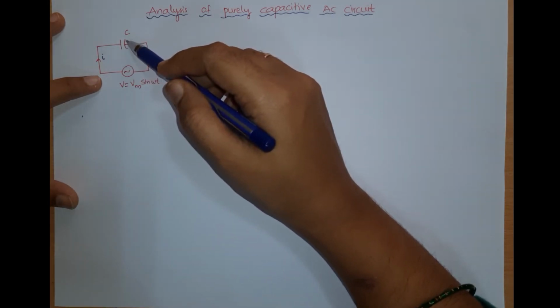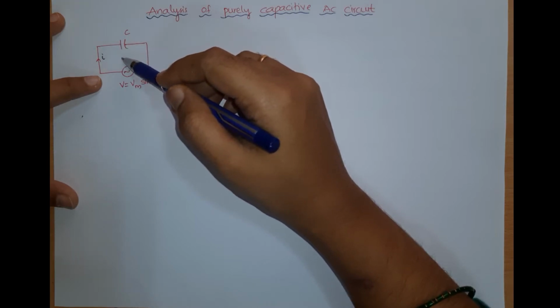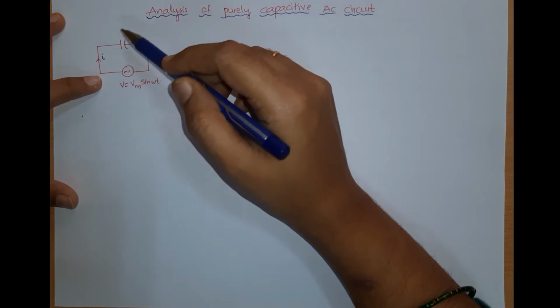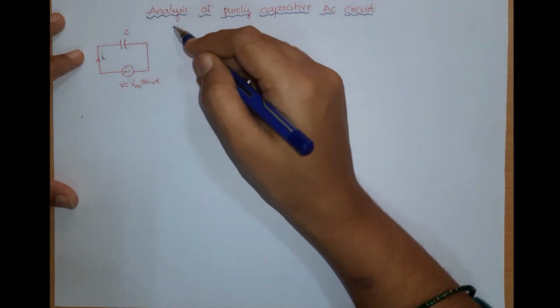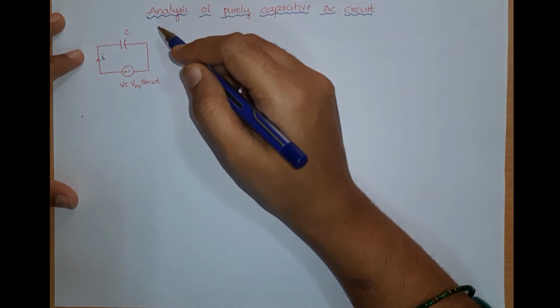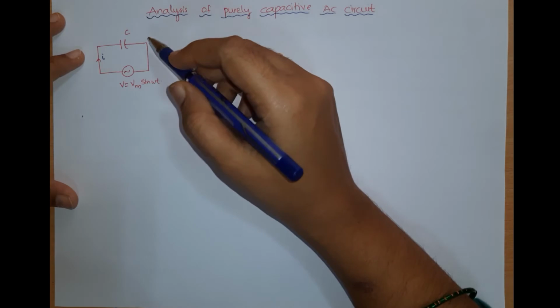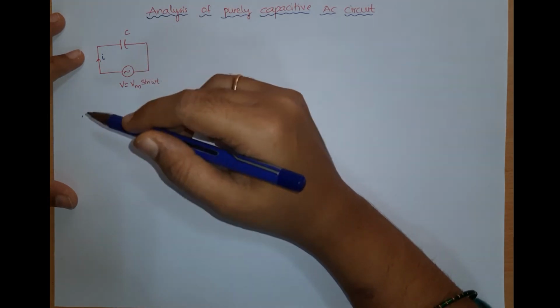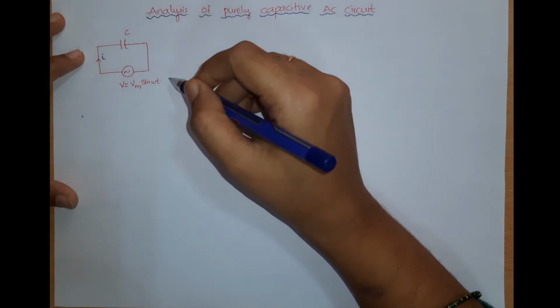When the capacitor is connected to an alternating current circuit, it is charged and discharged during alternate quarter cycles. When DC voltage is applied, it acts as infinite high resistance, but when AC is applied continuously, for every quarter cycle it goes on charging and discharging.